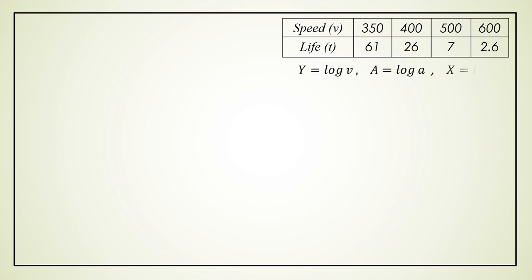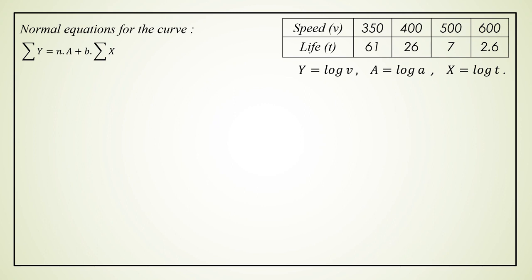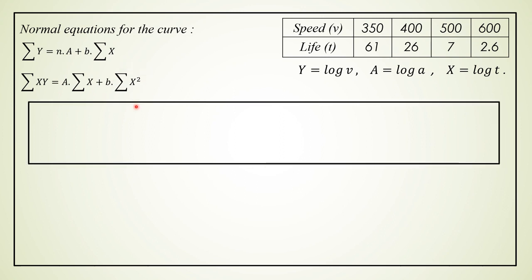Therefore, the normal equations of the curve y is equal to A plus bx are summation y is equal to n into A plus b into summation x, and the second normal equation is summation xy is equal to A into summation of x plus b into summation x squared. So let us find the values of these summations now. Summation y, which is summation of log V, is equal to 24.4609.